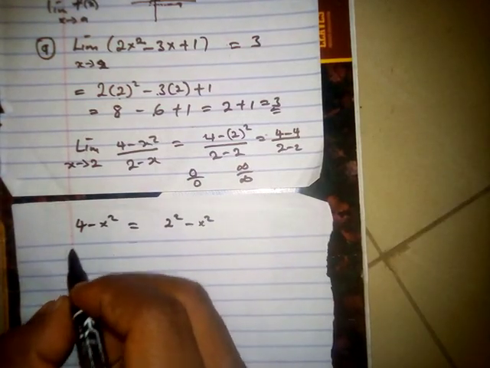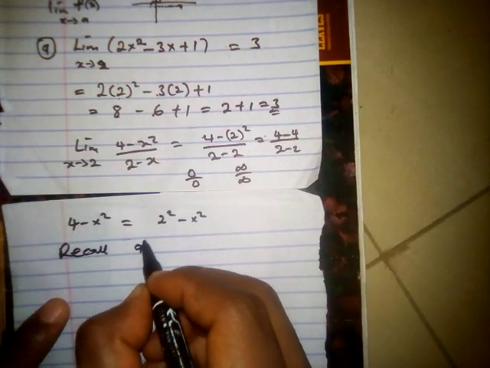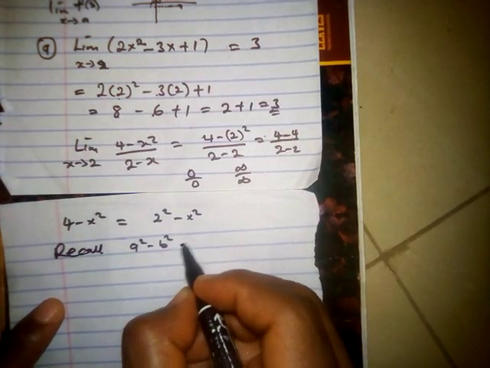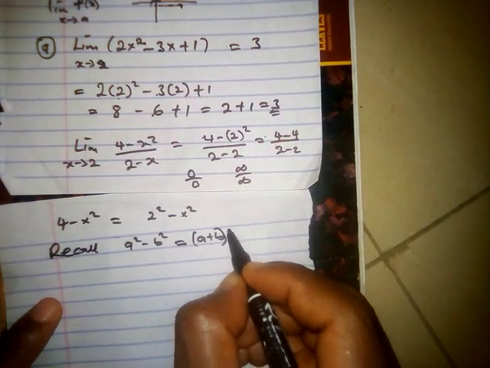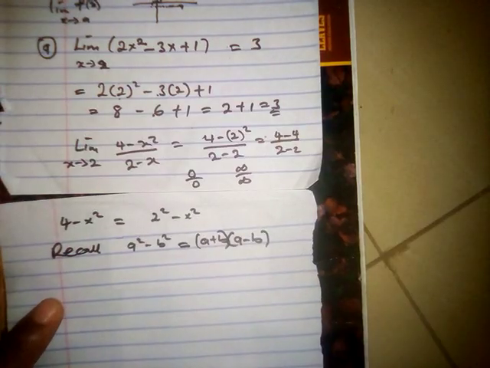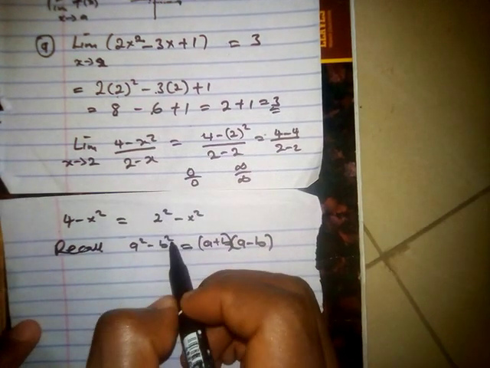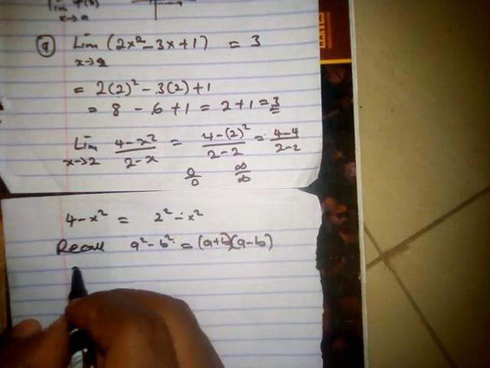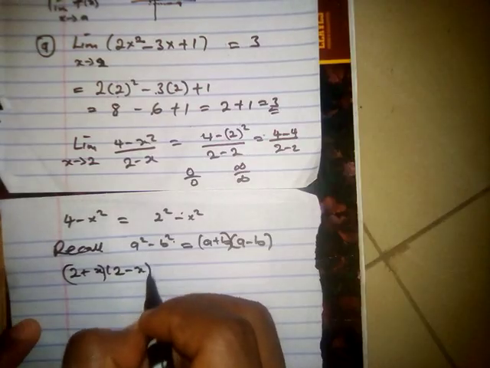Now recall that a squared minus b squared is equal to a plus b times a minus b. This is called the difference of two squares, so we're going to apply this rule here. This gives us 2 plus x times 2 minus x.